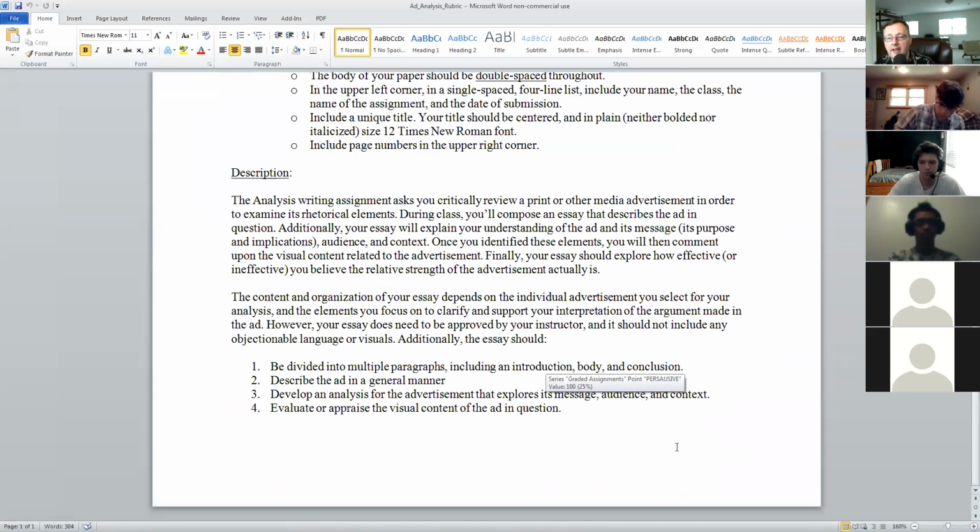So again, the ad analysis writing assignment asks you to critically review a print or other media advertisement in order to examine its rhetorical elements. You'll compose an essay that describes the ad in question, and then you will go a second step, explaining your understanding of the ad and its message, what audience it was designed for, what you think the context of the design means, and then once those elements have been identified, you'll comment on the visual content related to the advertisement.